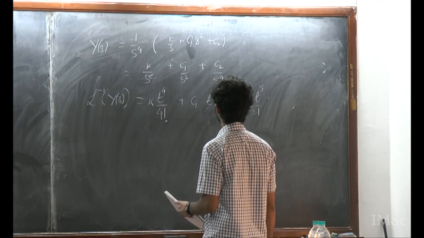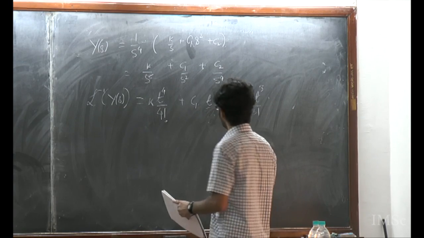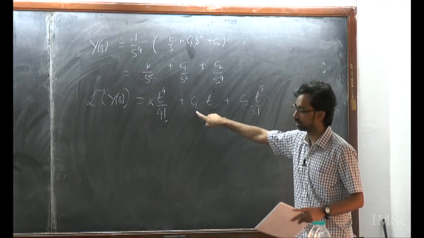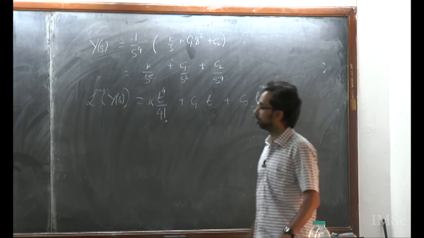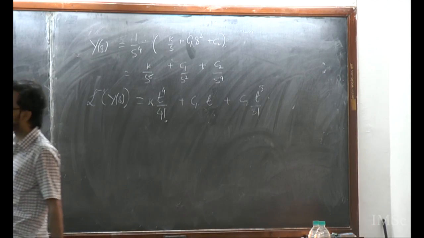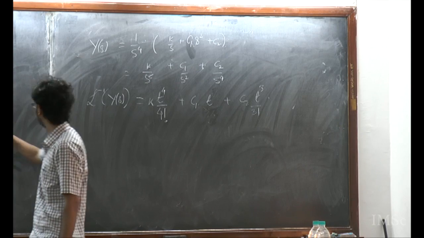Okay. So now you have two constants unknown, C1 and C2, but you have two other boundary conditions to solve them.